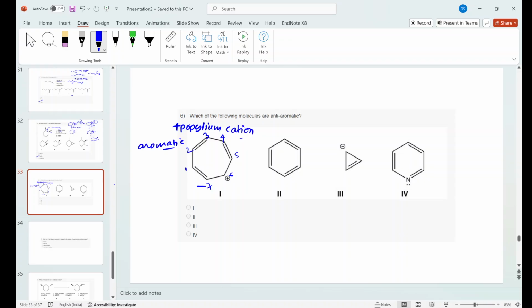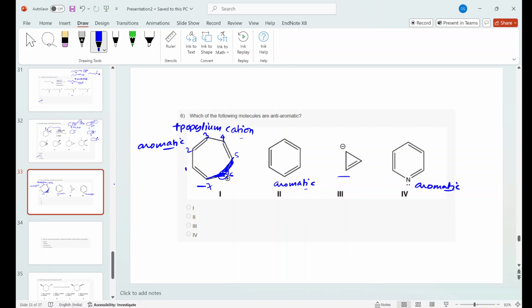Why? Because this proton is somewhat lifted from the top. Okay, this actually stays like this. So that these other protons, it will actually become a planar system and it will have 6 pi electrons. So this is aromatic, this is benzene, this is aromatic. This is pyridine also aromatic.